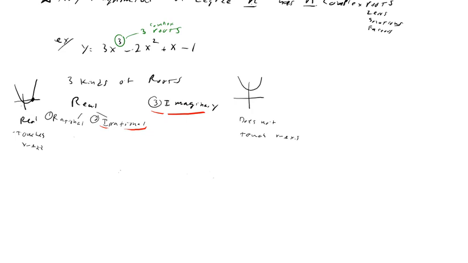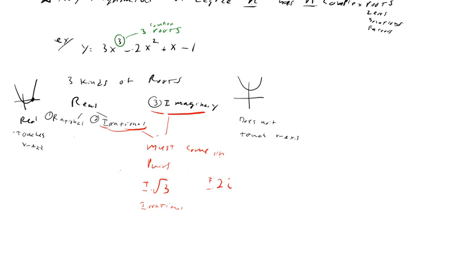So the irrational and the imaginary roots must come in pairs. For example, plus or minus square root of 3 for an irrational root, or plus or minus 2i for an imaginary root.